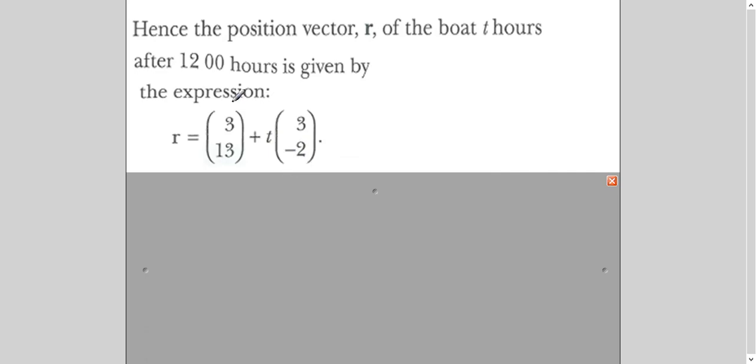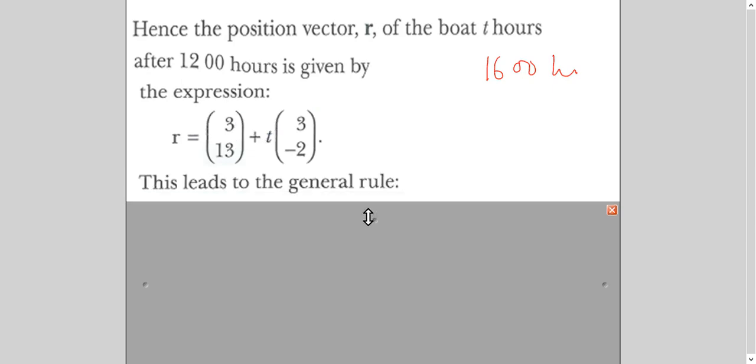So if I ask you, okay, this was the position at 1200 hour, what was the position at 1600 hour? 1600 hour means from 12 it is 4 hours. So I will write 4 here, and I will simply solve it, and I will get the new position of the object. So extremely important.